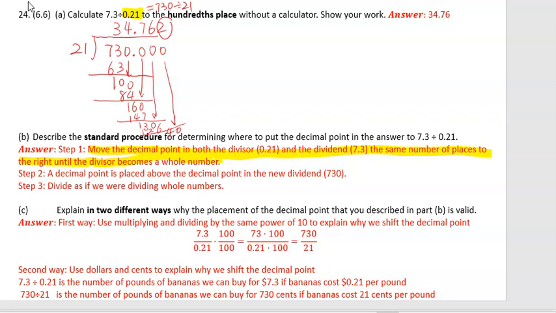Here there are 2 explanations. We can rewrite this division as a fraction, 7.3 divided by 0.21. Then we use a property of equivalent fractions: we can multiply both the numerator and denominator by 100. So we get 730 and 21. By the property of fractions, these two must be equal, whether it's 7.3 divided by 0.21 or 730 divided by 21.